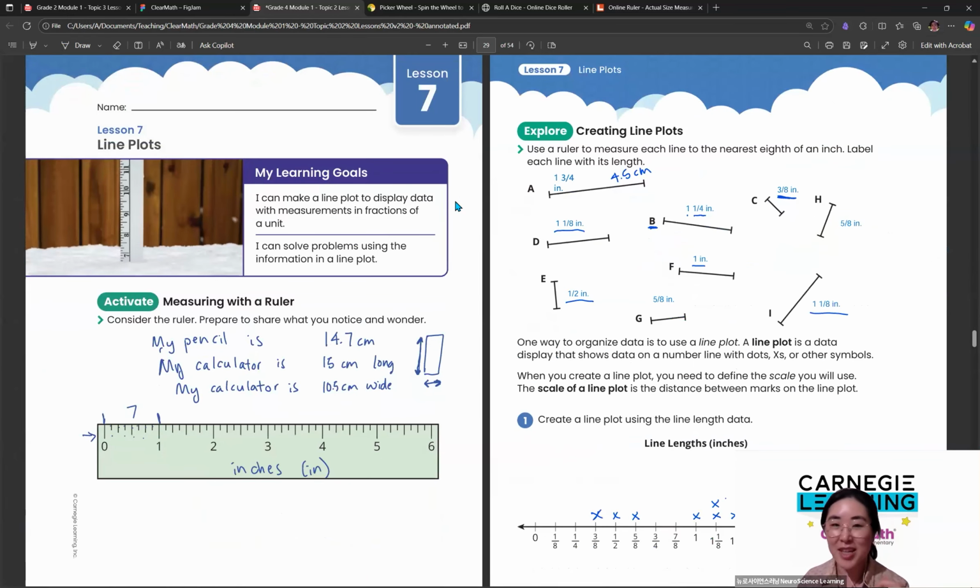So today's lesson, lesson 7, is all about measuring. And this ClearMath book is an American book, so they measure in inches. At school, do you use inches or centimeters? Centimeters. Yeah, you use centimeters, right? How about you, Levi? Do you use a ruler with inches or centimeters?